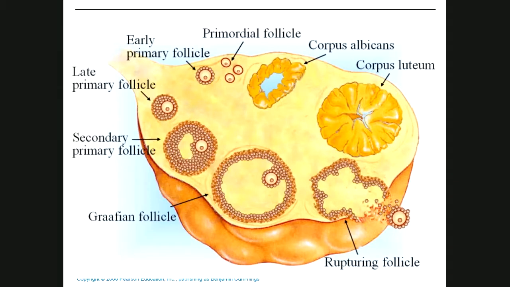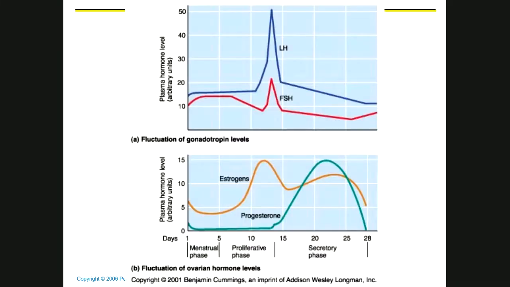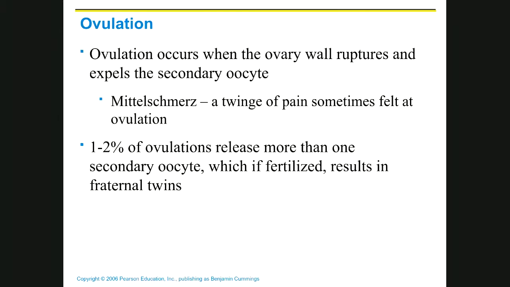Well, that is caused by other hormones. It's caused by LH and FSH. Those hormones are going to cause ovulation to happen. And that's why it happens on around day 14. Remember, some females can feel it when it happens. It's called Mittelschmerz.